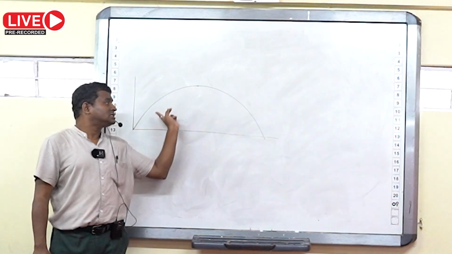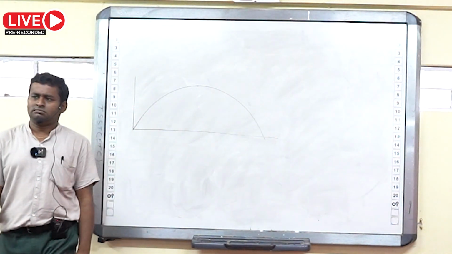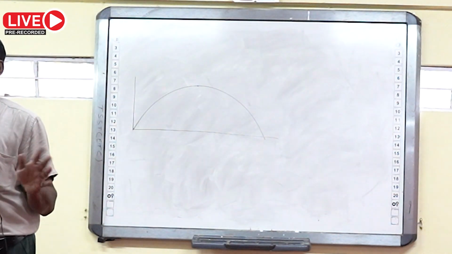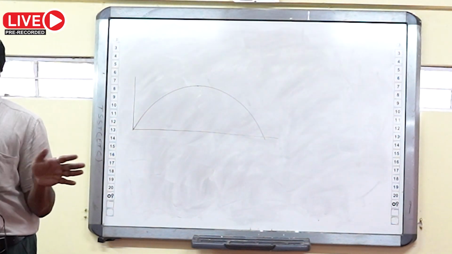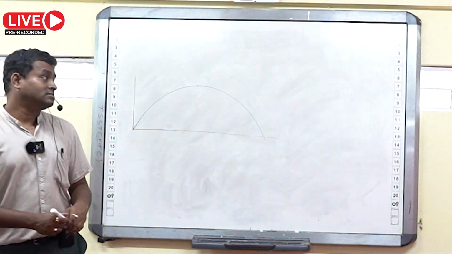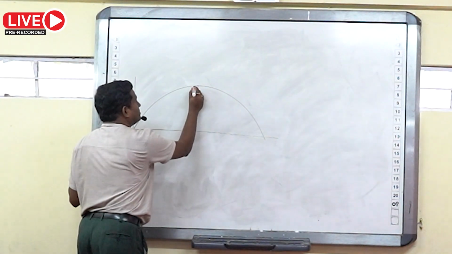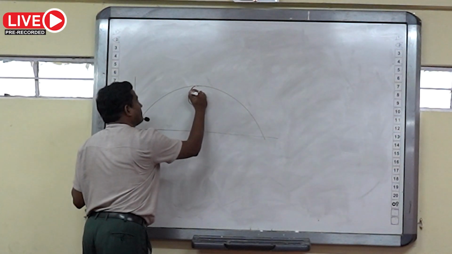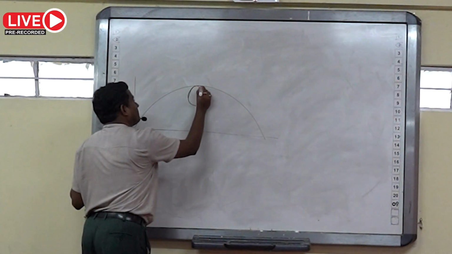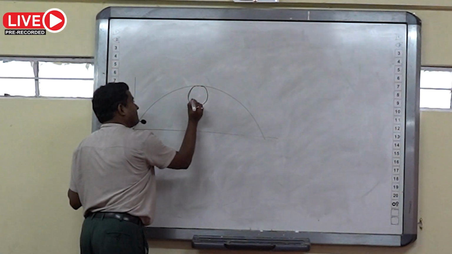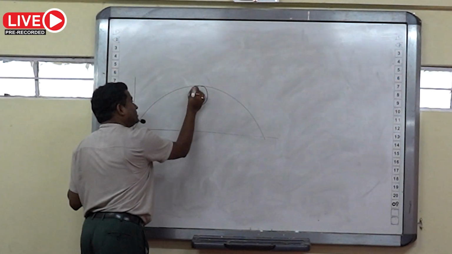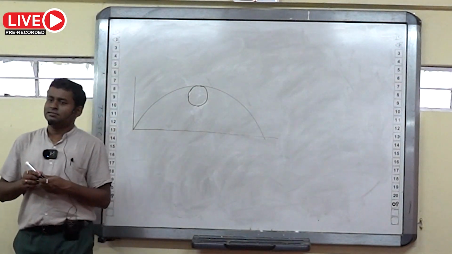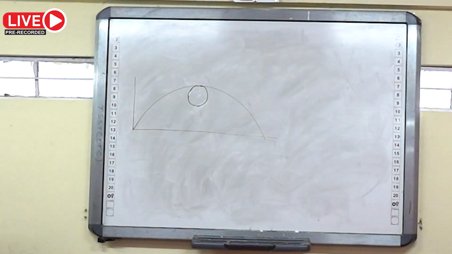Can we consider this entire projectile as a part of a circle? No, because the equation of a parabola and the equation of a circle are always different. But if I say that this small part is a part of a circle, can you disagree that much?